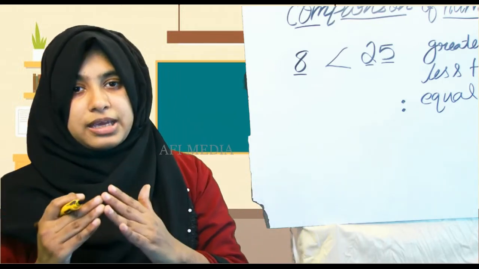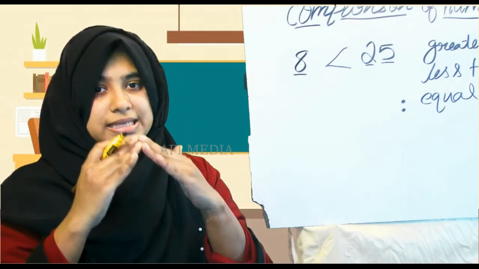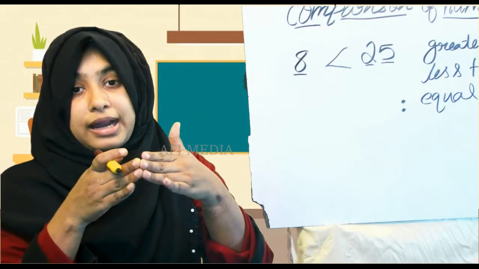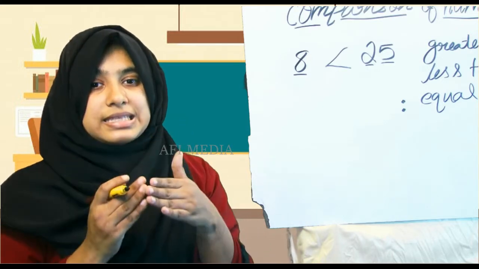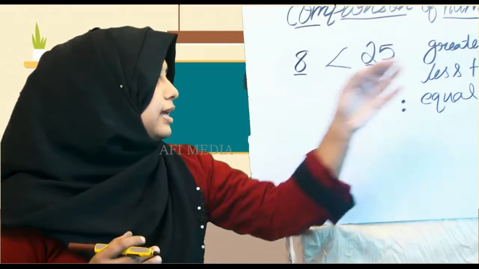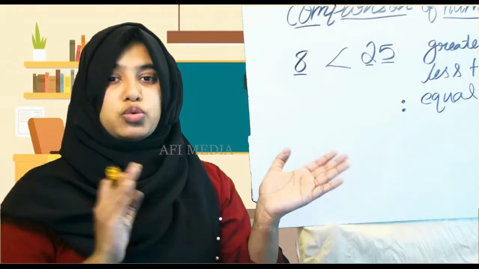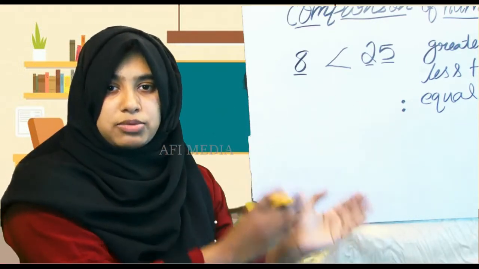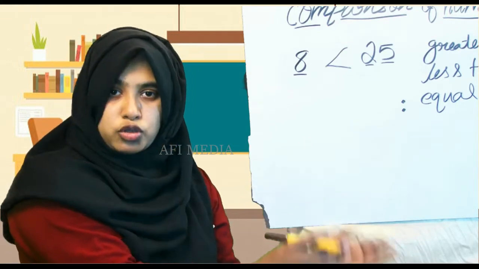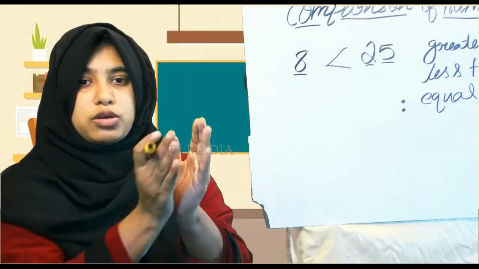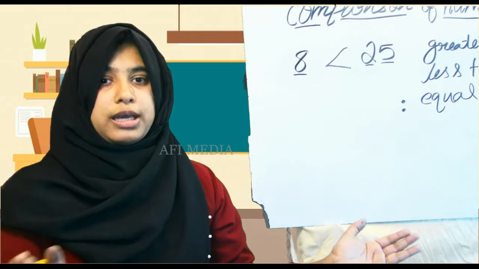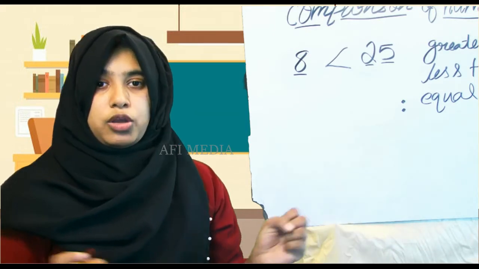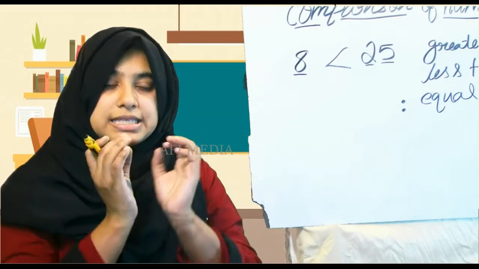Then less than means the point of that symbol is towards the less number or small number. Then equal is always the same on two sides. If here is 2 and here also 2, and a crocodile is there, who can eat there? No, the same on both sides is equal.